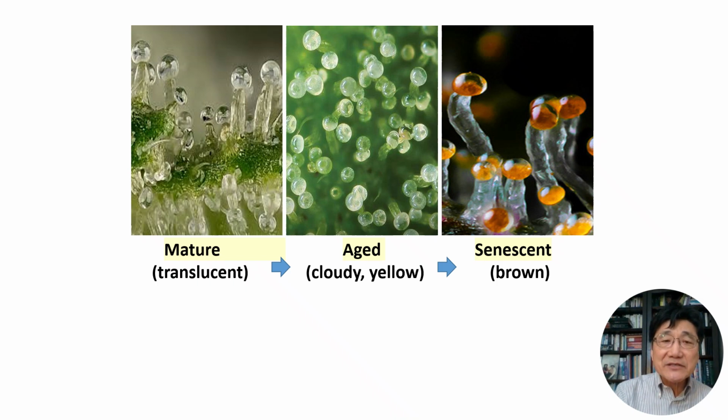At the senescent stage, major cannabinoids start converting to chemically stable cannabinoids such as CBN. Therefore, the best time to harvest is when the plants have cloudy glandular trichomes for the cannabinoids.